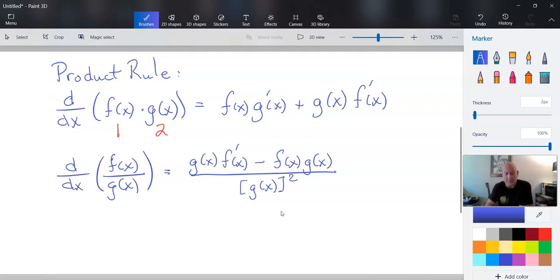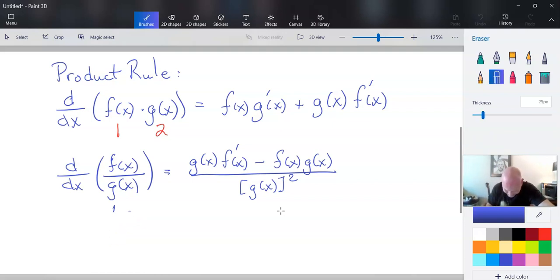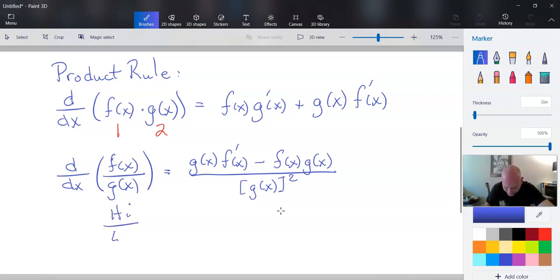Right? So this is how I remember it. This is how my calculus teacher told it to me. If I look at the functions this way as low over high. Oh my God, I can't believe I wrote that backwards. Okay, let's try this again. High over low. I don't know why I put low over high. Right, so f is on top, g's on bottom.